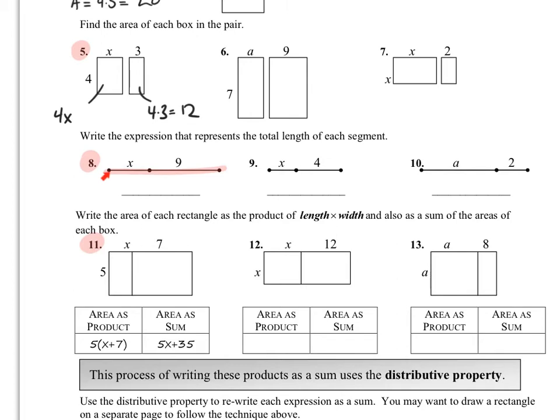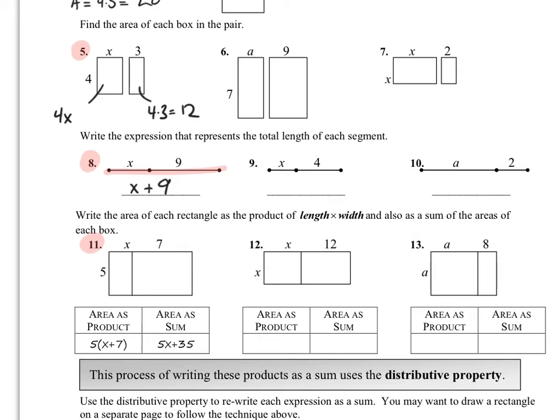So the total length of the entire red segment is the sum x plus 9. That's the total distance from far left to far right: x units plus another 9 units.